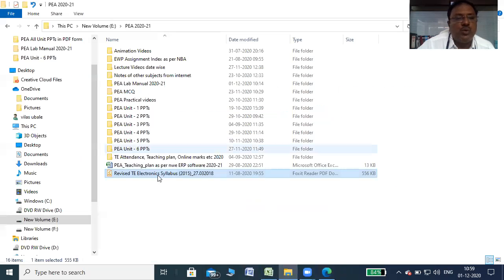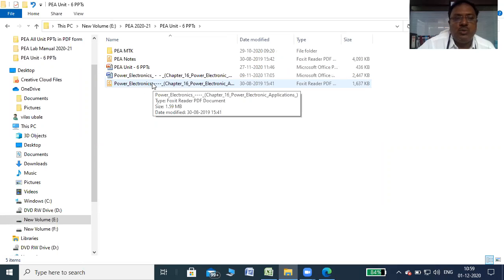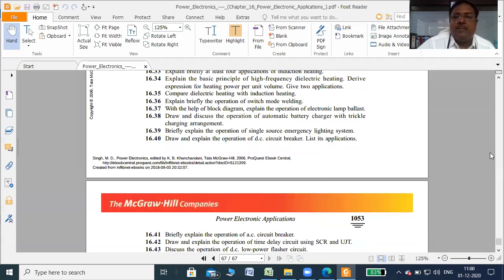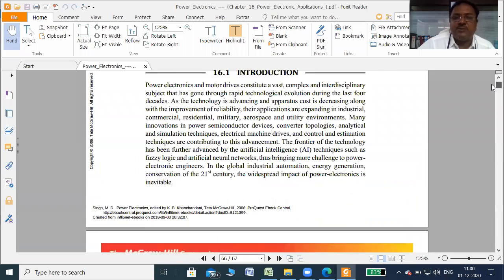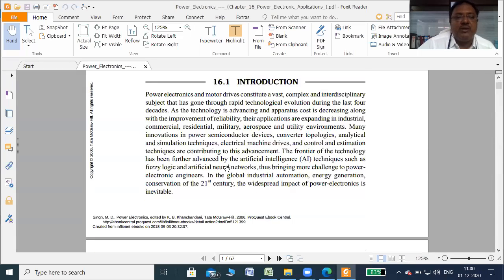So I'll just show you the book. This is actually chapter number 16 of Singh and Khanchandani. This is a complete chapter, chapter number 6 as per your syllabus, power electronics applications, right?